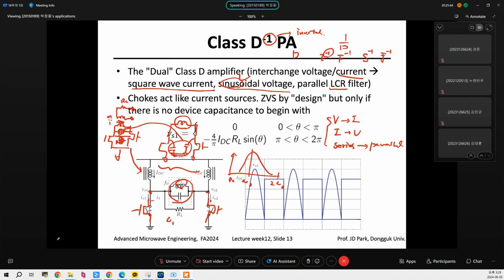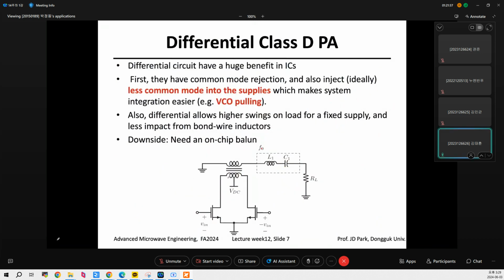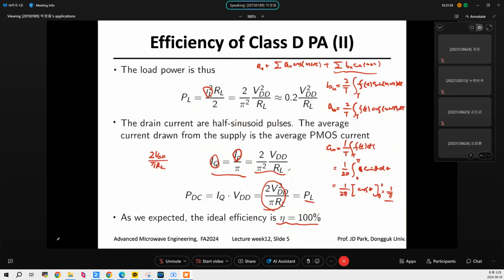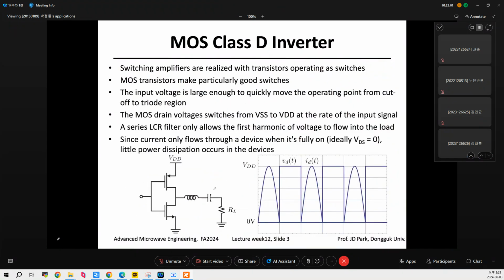How about the square wave current? Because this is abruptly switching, the current is abruptly switched, which is different from previous. Previously, the voltage was abrupt and the current was conducting through this, so current is sinusoidal but voltage is abrupt.